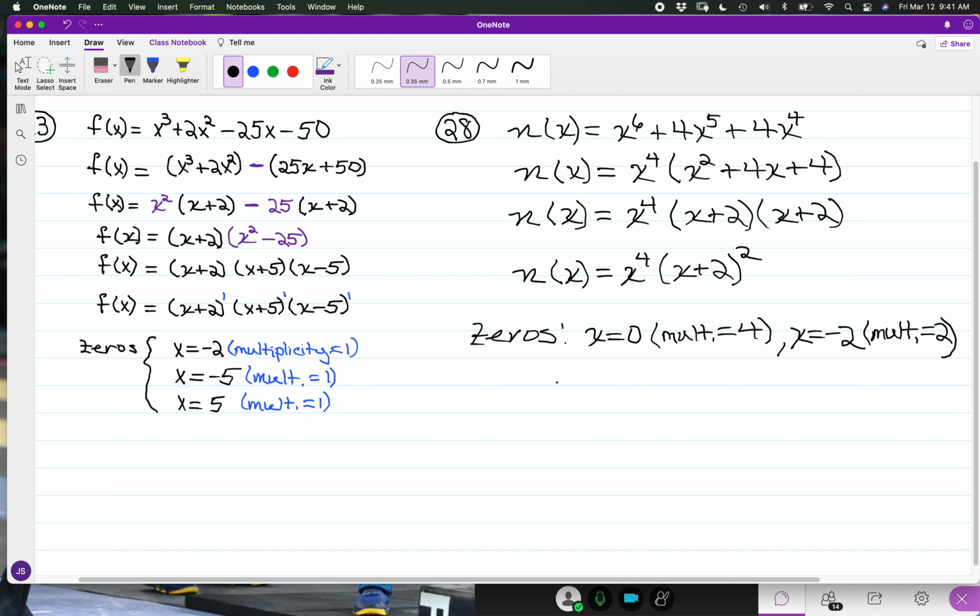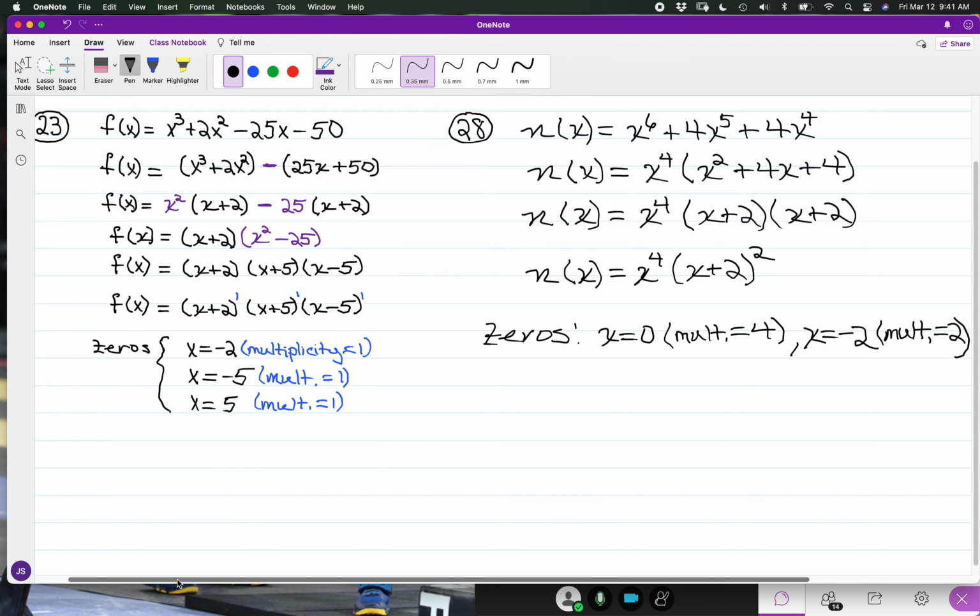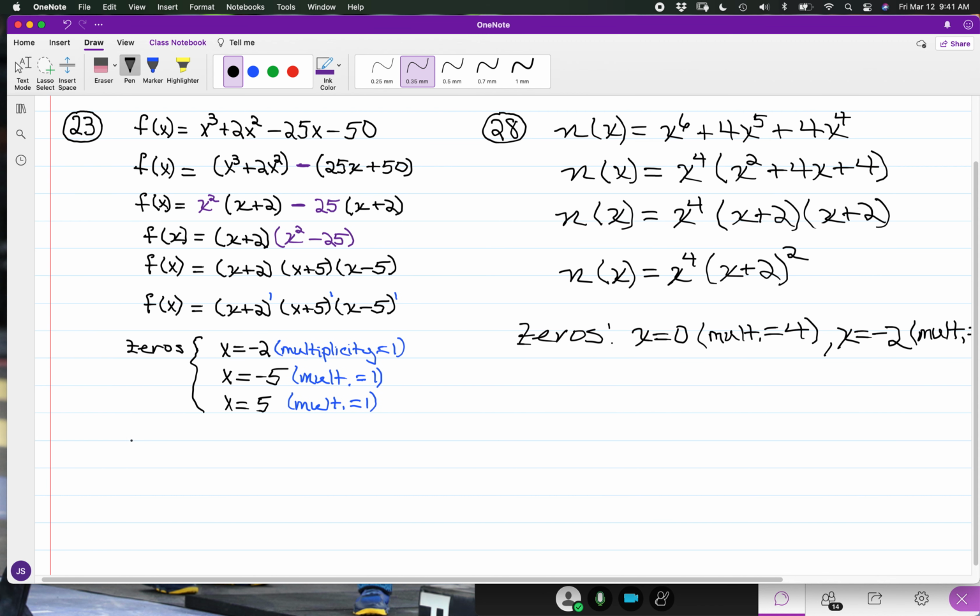All right. Now for the next item, number 29, we have the function p of x, and this is already laid out in factored form.